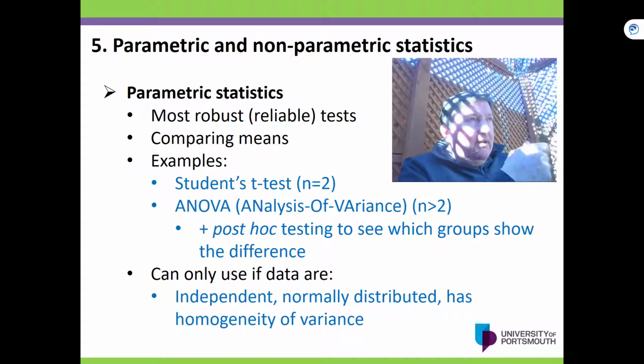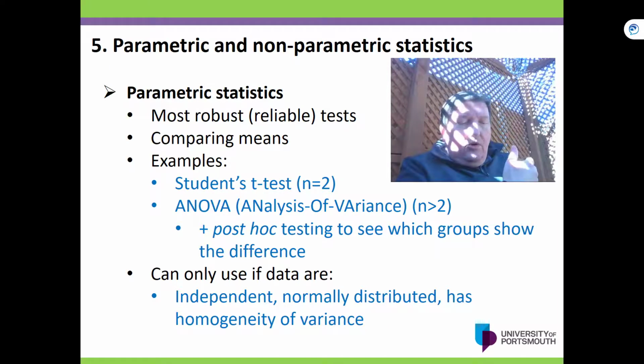They are the 3 comparisons you would need to make for n equals 3. Then you would carry out an ANOVA, and ANOVA would tell you that there is a statistical difference between at least 2 of the groups, but it won't tell you where that difference lies. In order to find that out, you need to do what's known as a post hoc test.